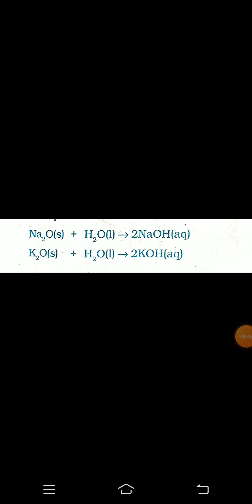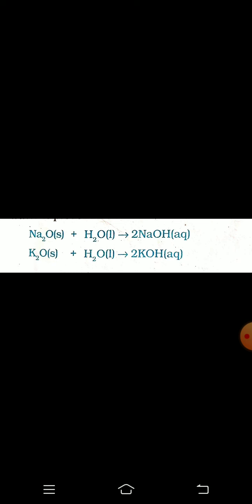So that we can see in terms of chemical reactions. Na2O, that is sodium oxide, plus H2O, water, gives us 2NaOH, that is sodium hydroxide. Similarly, potassium oxide plus H2O, water, gives us 2KOH, that is potassium hydroxide.